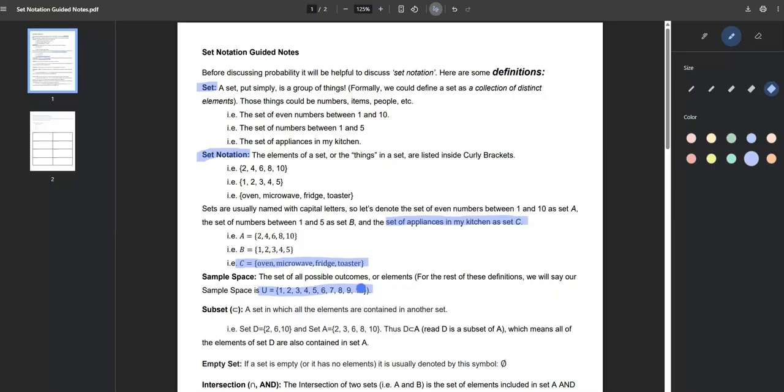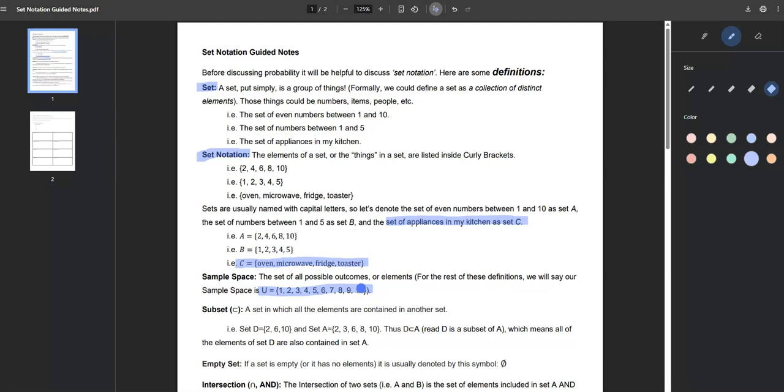If I'm talking about items, let's say the sample space of all students in Box Elder School District, then that would be my sample space. It'd be every student that's in Box Elder School District.